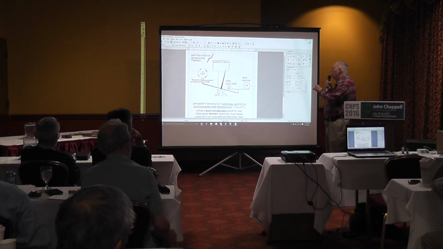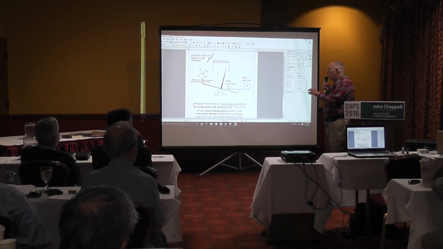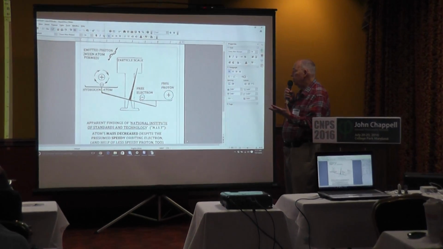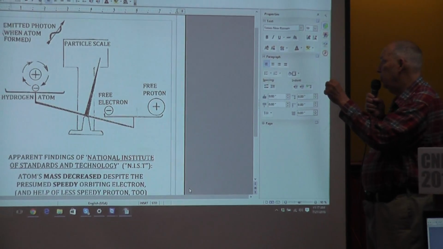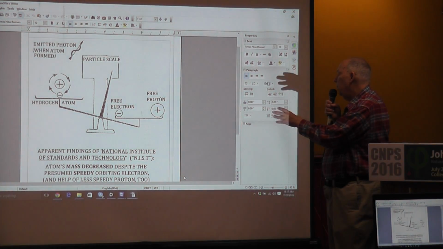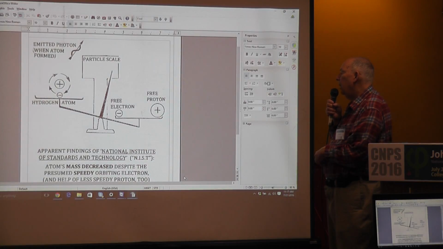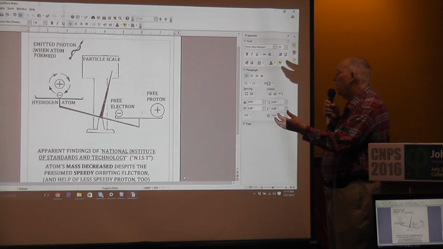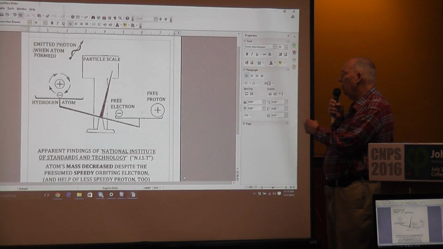But probably the least educated person in this discussion group said, why, of course the hydrogen atom is lighter after it forms, because there's such a thing as ionization energy, and it takes energy that you have to put into the atom in order to ionize it into a proton and electron. I guess the implication is that since it takes energy to do that, it takes added mass as well as added energy that goes along with it.